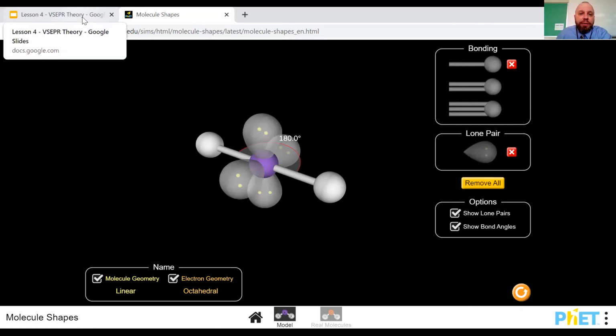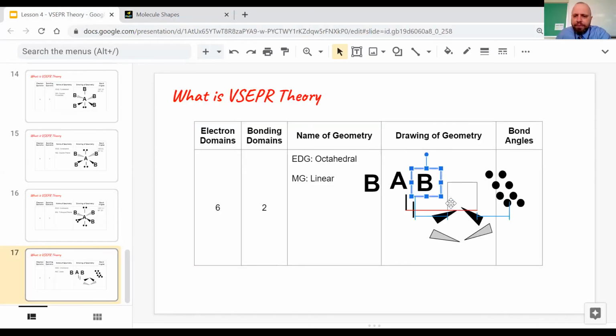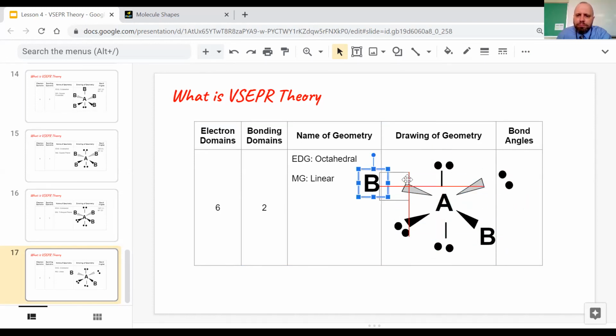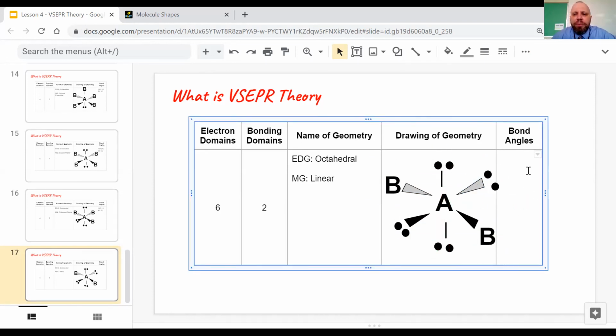So I'll make my drawing based on that. So here's my final picture. This BAB is the only bond angle that we have left, and that is 180 degrees, and there's just one of those.